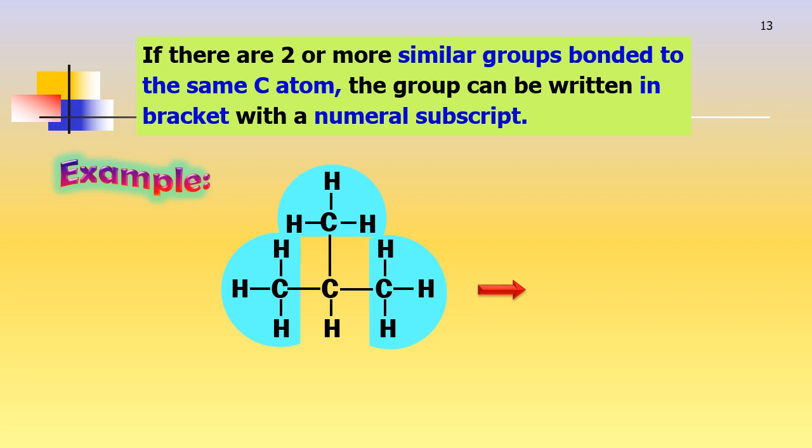This compound can be written in a condensed form as shown, and since there are three CH3 groups on the same central carbon, the condensed structure can also be written as shown, where the CH3 group is written in bracket with a numeral subscript of 3, indicating that there are three CH3 groups on that particular carbon.